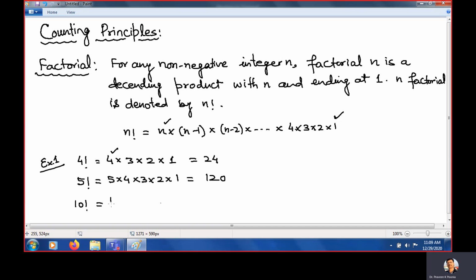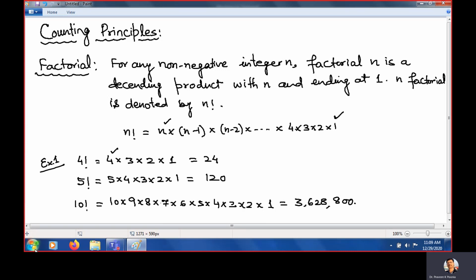It starts with 10, then 9, 8, 7, 6, 5, 4, 3, 2, and stops at 1. If you multiply these numbers with a calculator, the answer is 3,628,800.